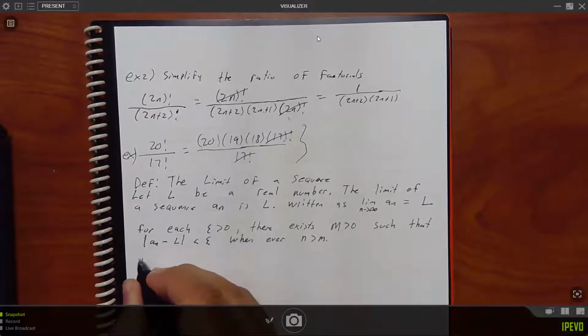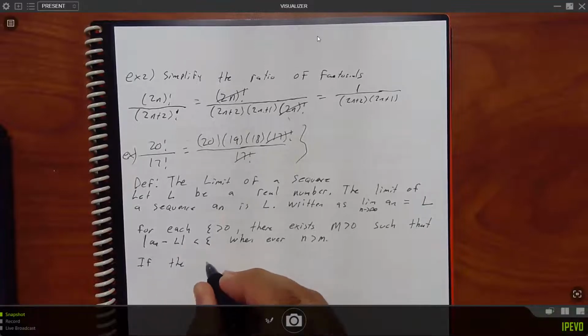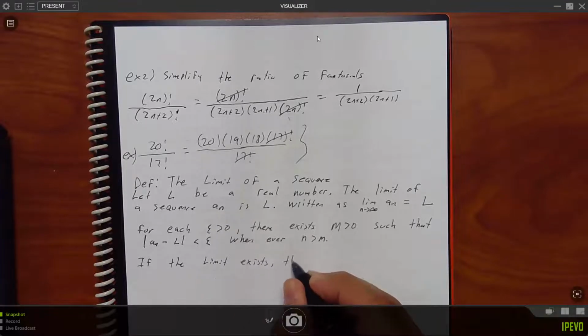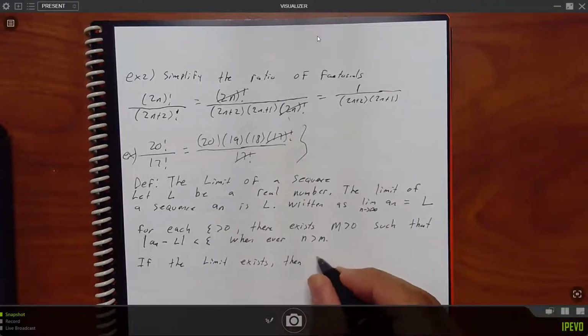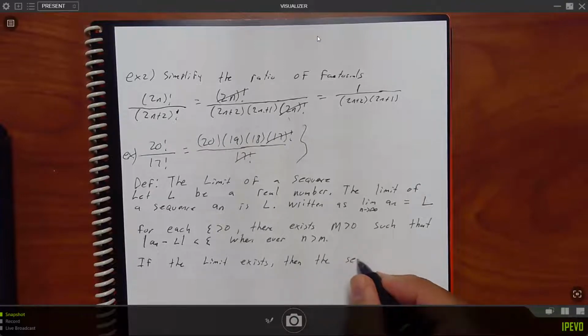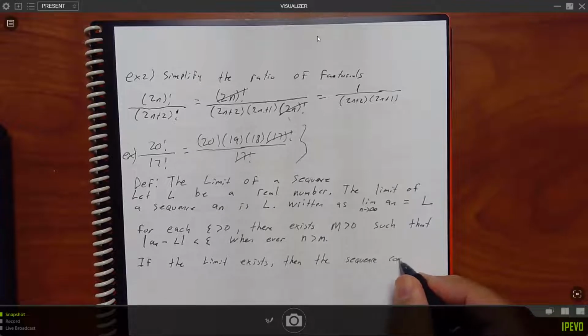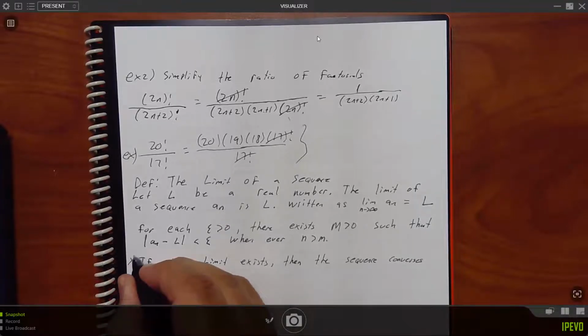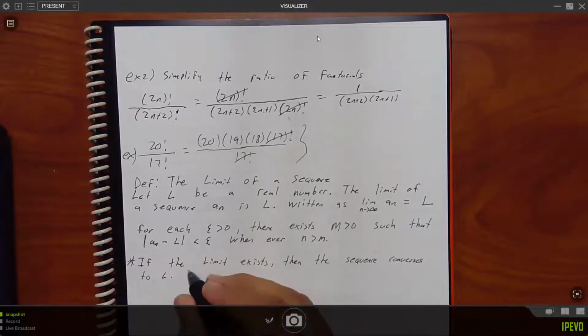Well, the main thing that you need to know is right here. If the limit exists, then the sequence converges to L. So this is the main part that I really care about.